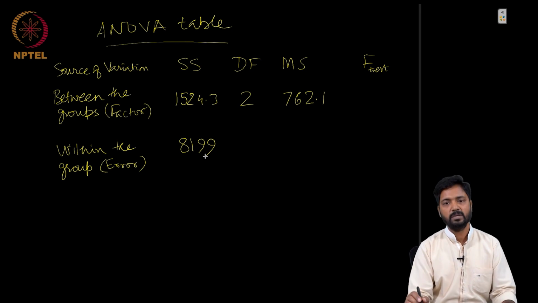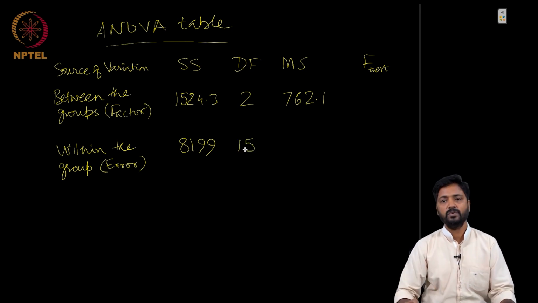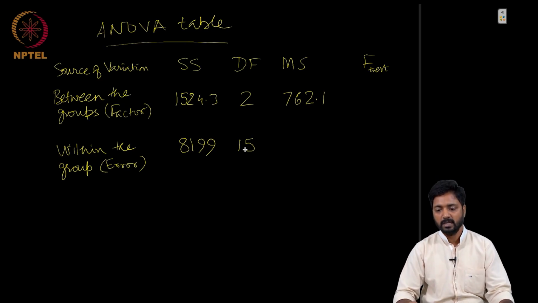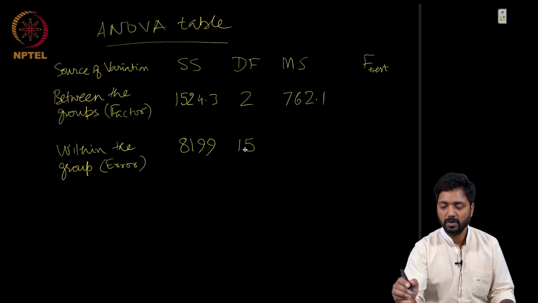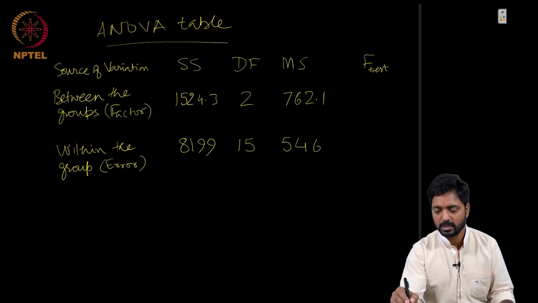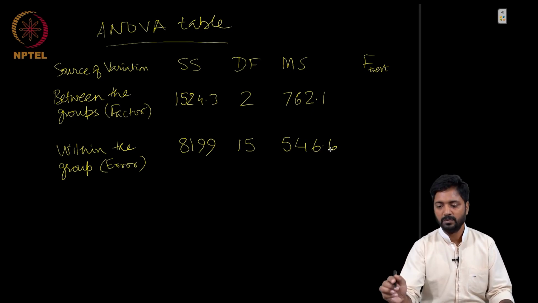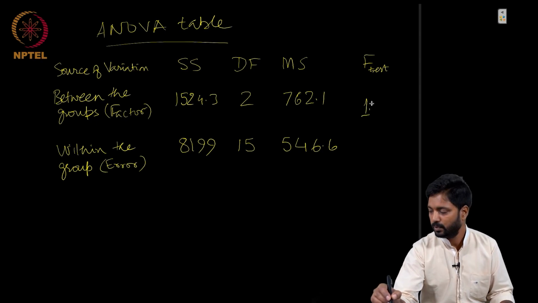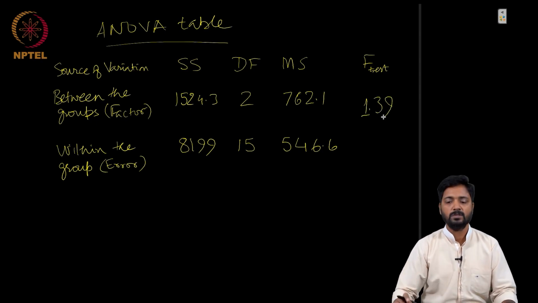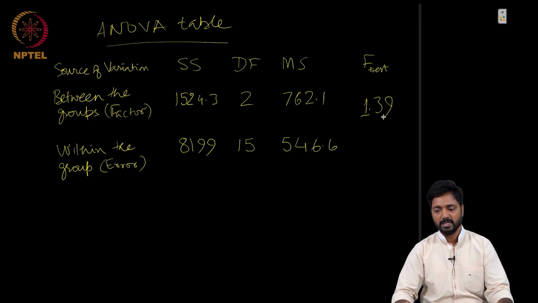The degrees of freedom associated with the sum of squares due to errors was 15. Consequently, the mean square value of error was found to be 546.6, and finally the F test value turned out in our case to be 1.39. So, this is how you will be able to create ANOVA table for your data set.